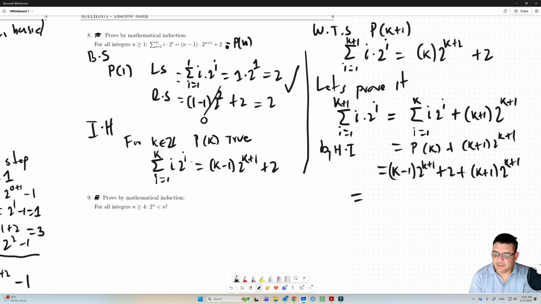Now notice that I have common 2 to the K plus 1 from these two terms. So I can factor out 2 to the K plus 1, and I'm going to have K minus 1 plus K plus 1, and then outside plus 2. Then notice minus 1 goes with plus 1, and I get 2K.